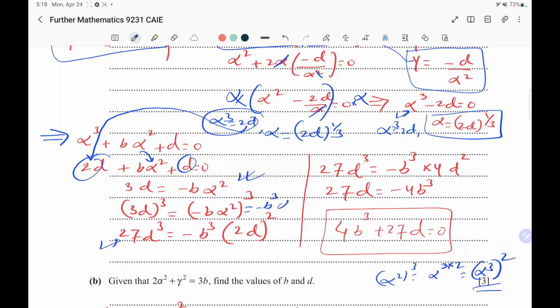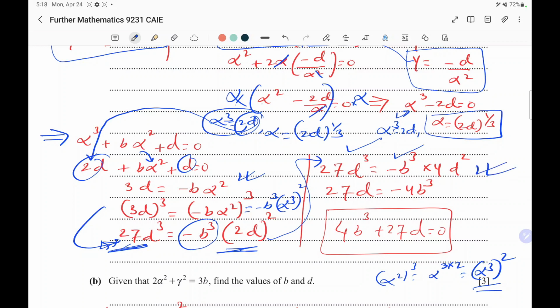So I'm going to write over here alpha cube whole square. Now this became 27d cube, and this is minus b cube and alpha cube whole square. Alpha cube was 2d, so it is 2d whole square, which is 4d square.